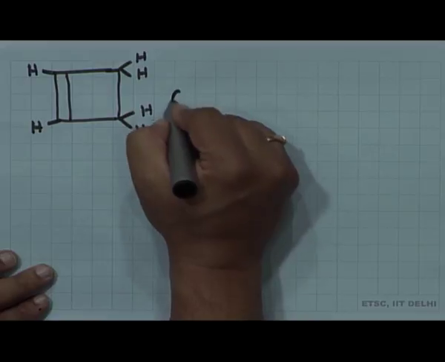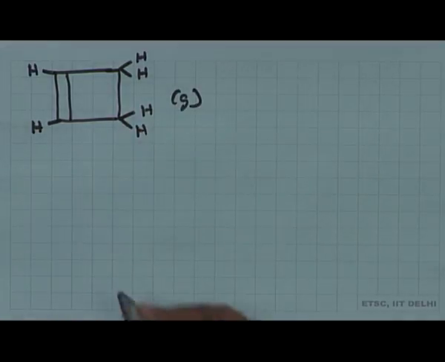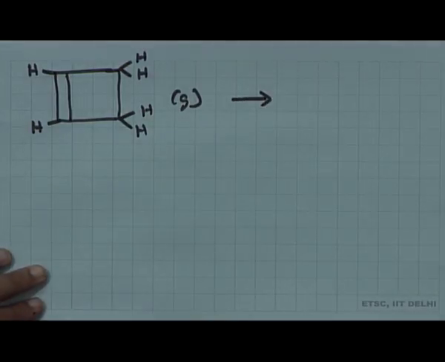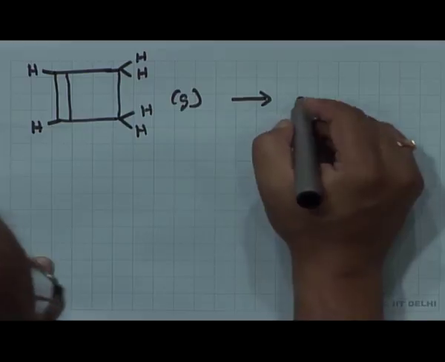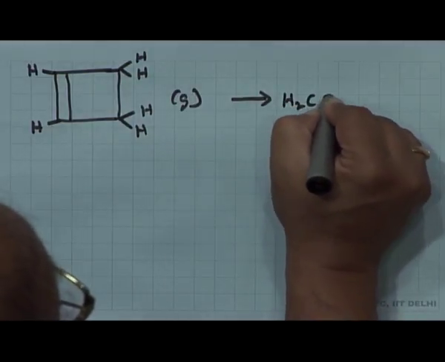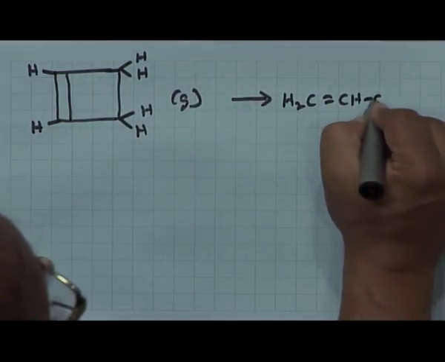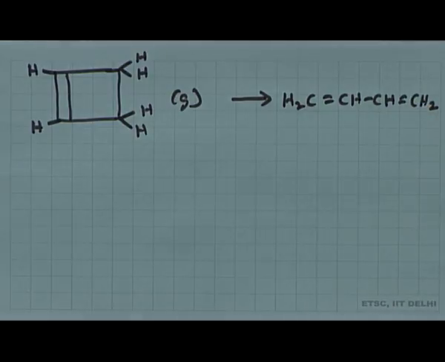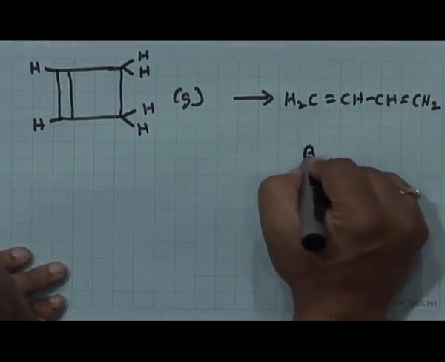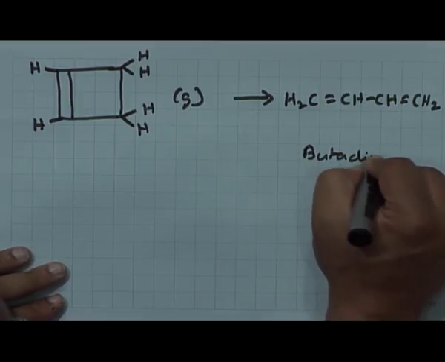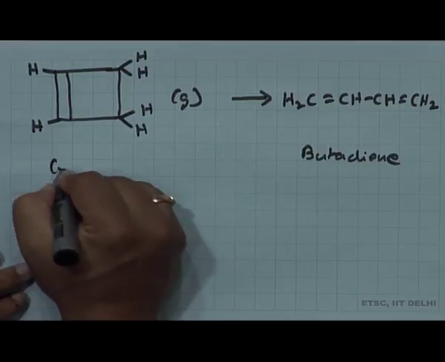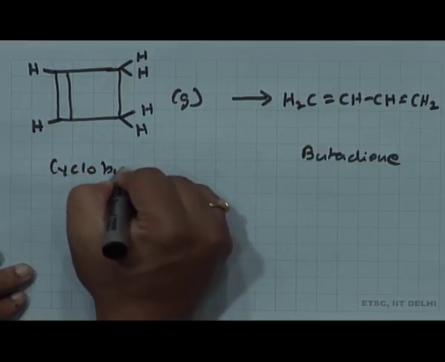Then the gas phase, okay. So, this goes to butadiene, H2C double bond CH, CH double bond CH2, right. So, you have butadiene out here and here you have cyclobutene.